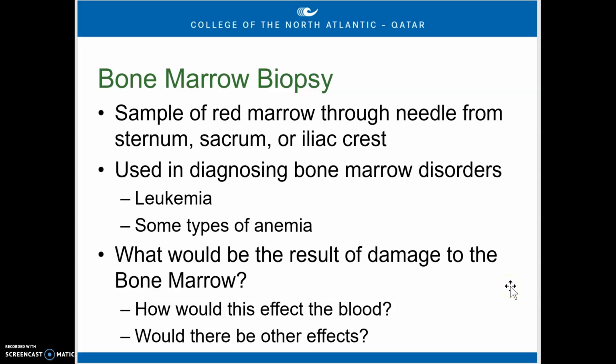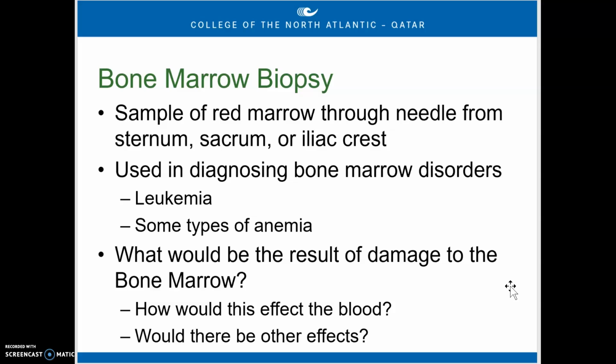And then finally we'll look at the tissue that actually makes our blood cells, the bone marrow. It's common to get a test if there are problems or issues with the blood. They'll often take a biopsy of the bone marrow to find out what's going on. Now a biopsy is a small sample of a tissue.